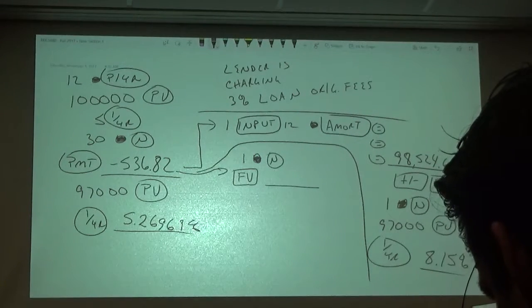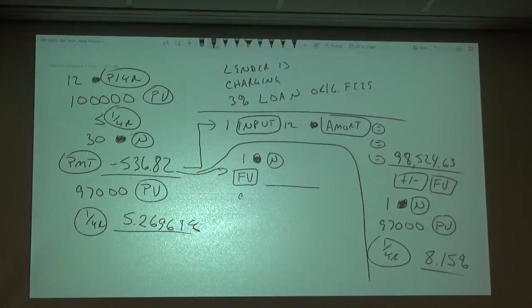We would get that number, and then once we've got that number, we would put in 97,000 as our present value, and then solve for the interest rate. So it's one of two ways that you could have gotten there.